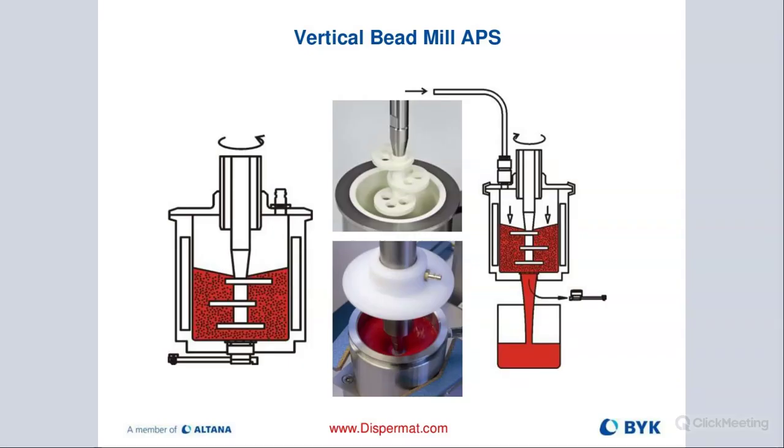You can also add 500 milliliters of beads. Now imagine if you were to produce 2,000 liters, you'd have 2 tons of beads, and that'd be prohibitively expensive, also extremely hard to handle. So this type of milling system is an excellent tool for R&D and small pilot, but not really for manufacturing.